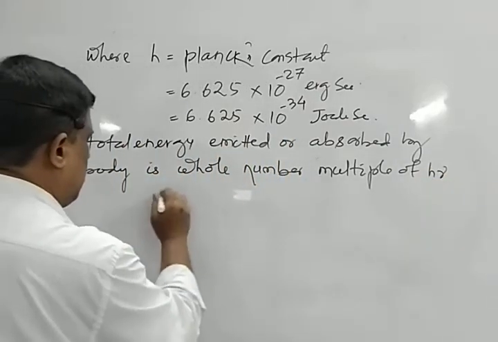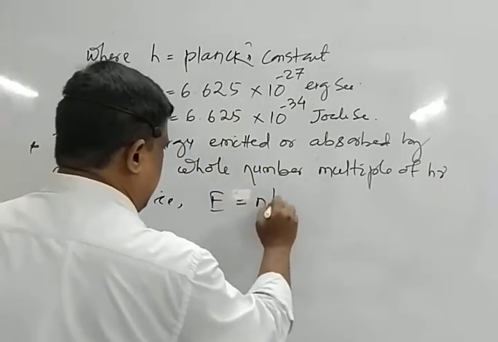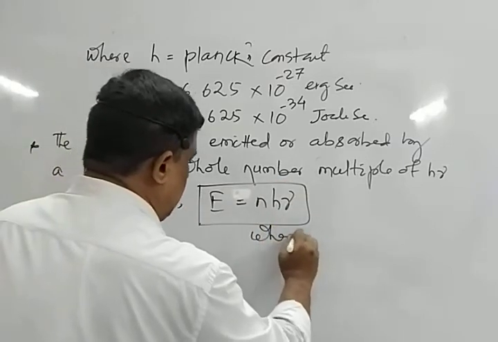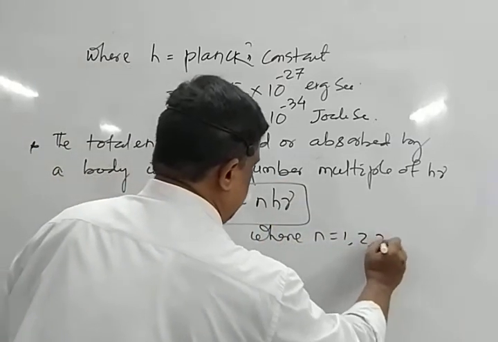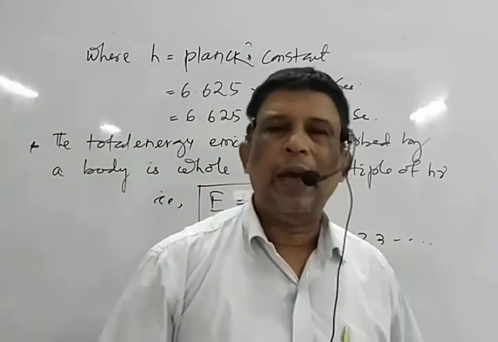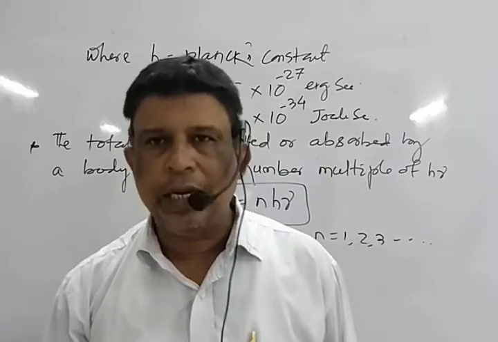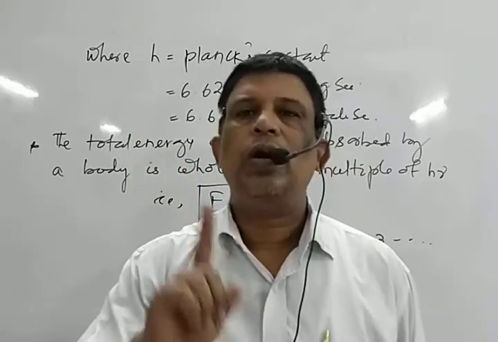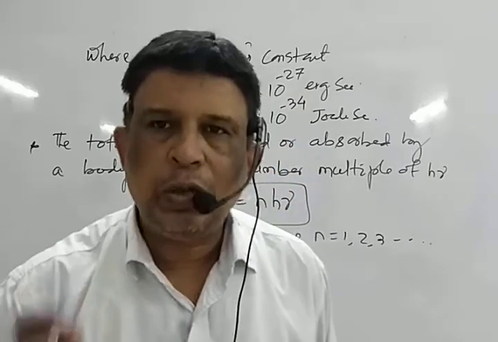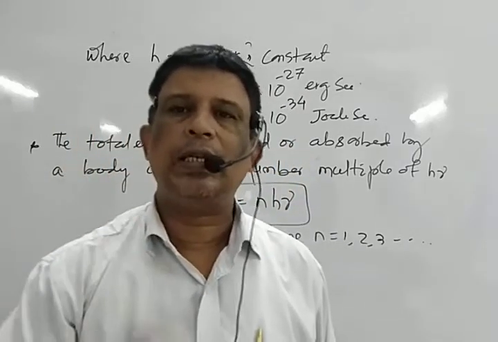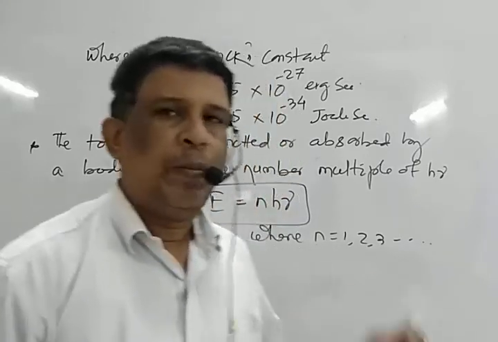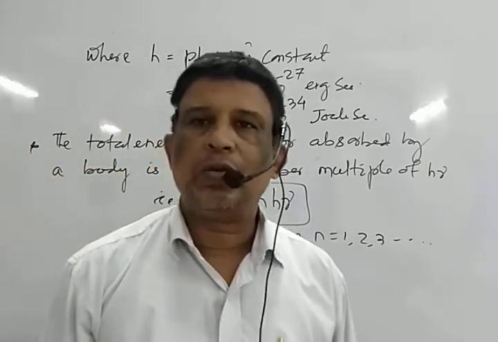That is, E is equal to n h nu, where n is equal to 1, 2, 3 and so on. So from this point it is clear that a body emits or absorbs discontinuously either 1 h nu, 2 h nu, 3 h nu, but not 1.2 h nu, 3.4 h nu or 3/7 h nu. These are the various postulates of Planck's quantum theory.